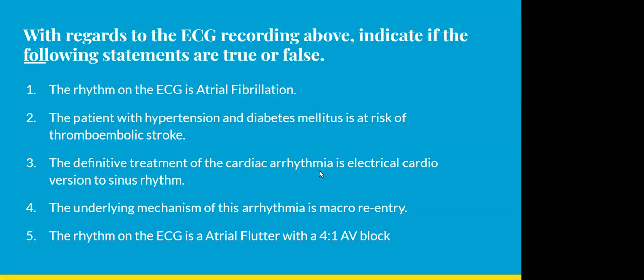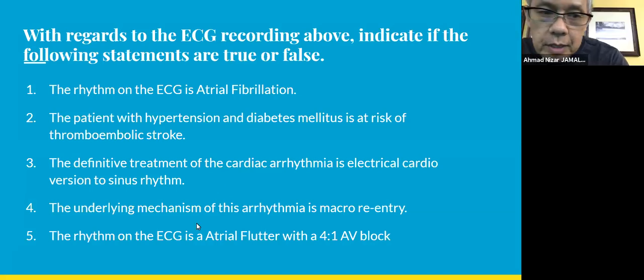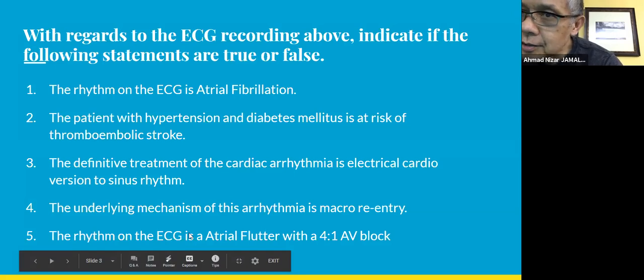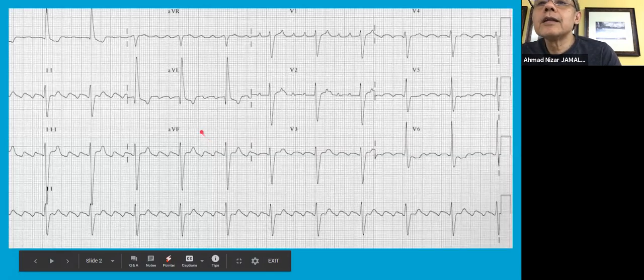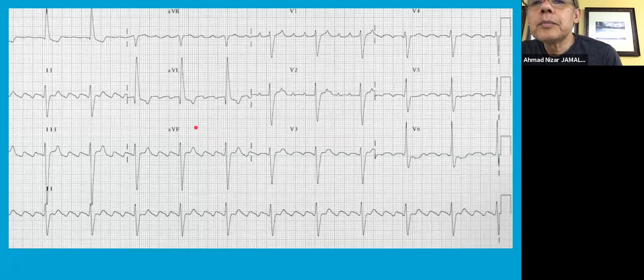Well, the hallmark of atrial fibrillation is, firstly, a baseline that does not show any regular rhythm, and secondly, the RR interval is irregular. If you look at that ECG, it shows a fairly regular rhythm with a baseline that looks like a sawtooth. So this is atrial flutter.